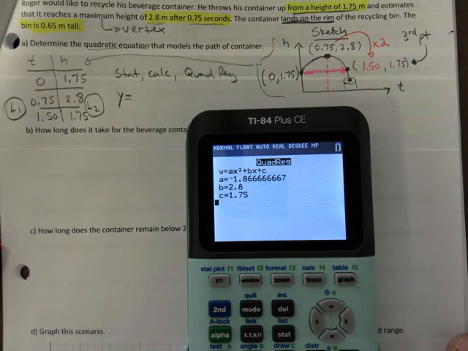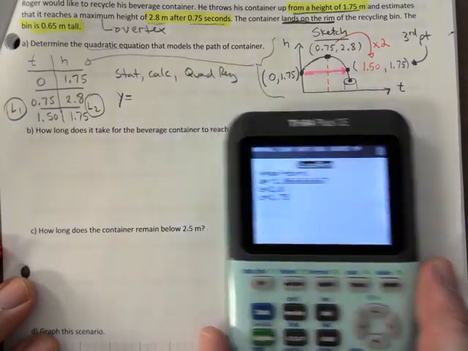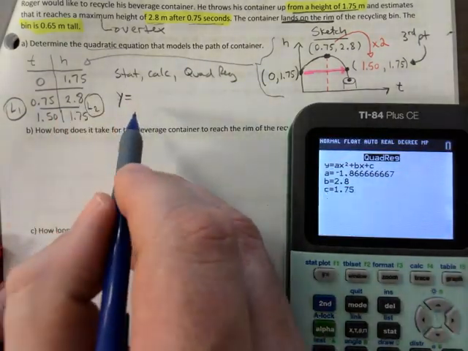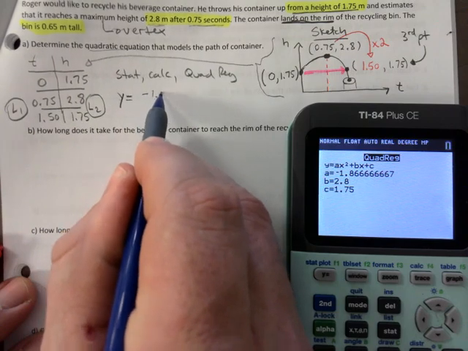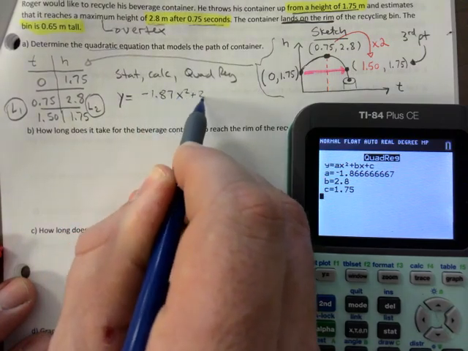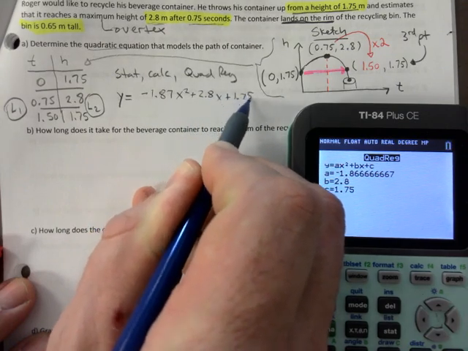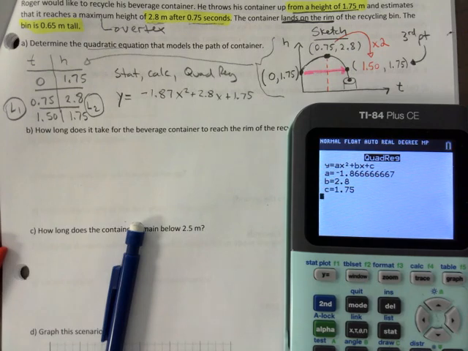And there's my equation. So you write that down, rounding to 2 decimals. So it's negative 1.87 x squared plus 2.8x plus 1.75. So you expected the 1.75 at the end, right?